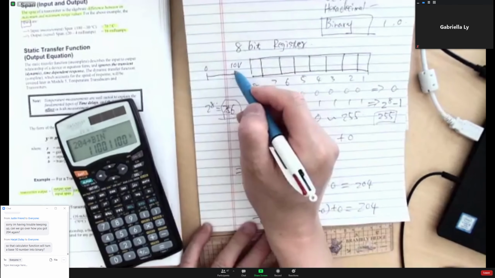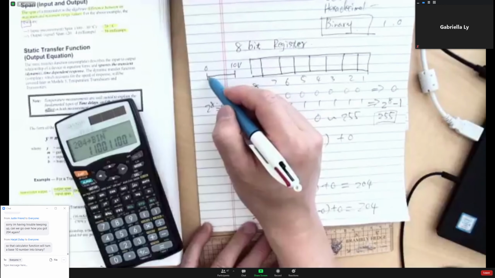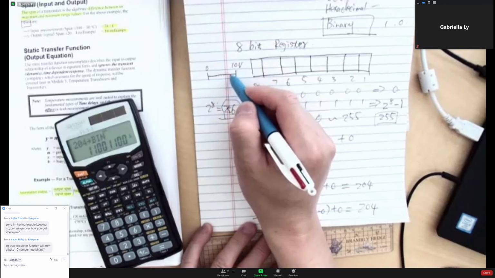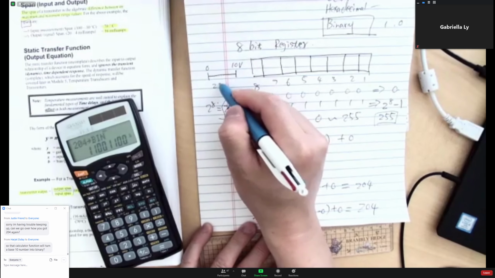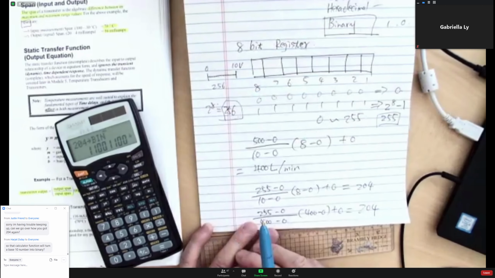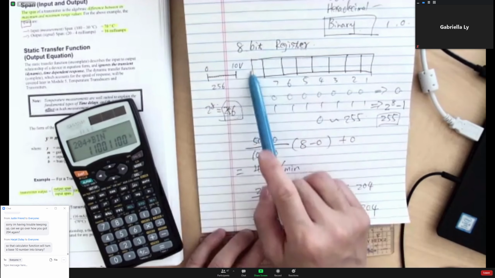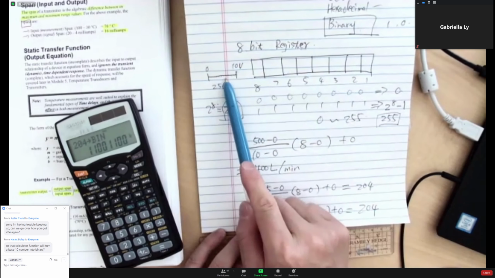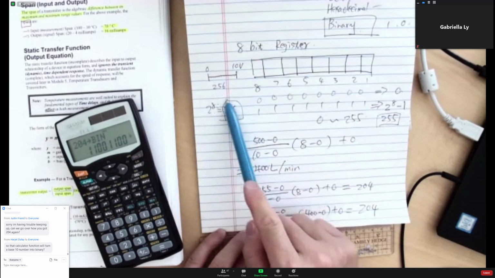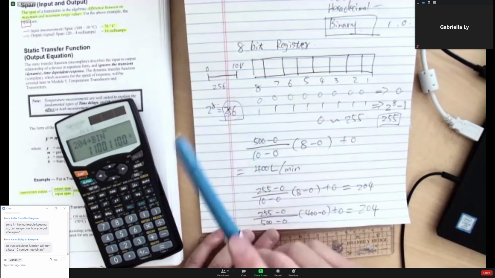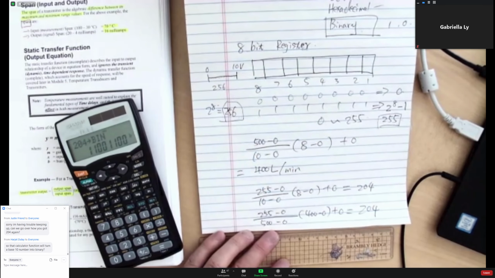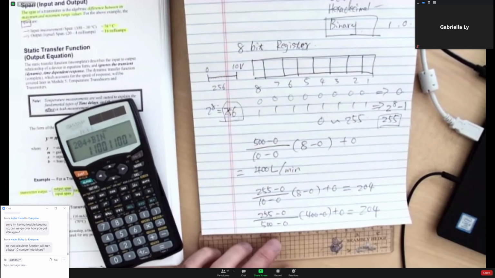So you're dividing that 0 to 10 volts into 256 portions. Whatever the voltage is, you can store it in there as an individual number.